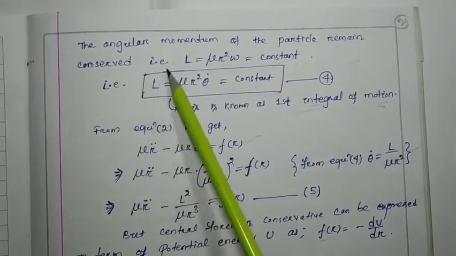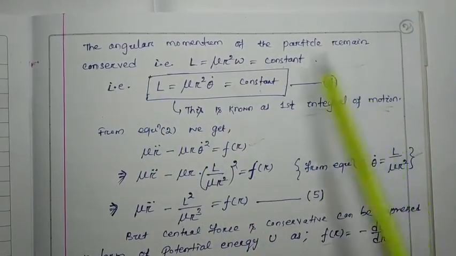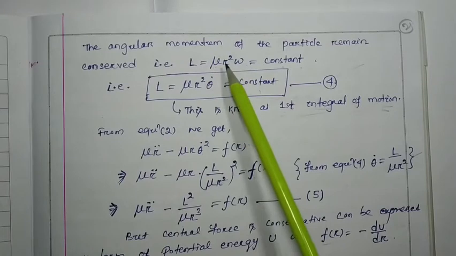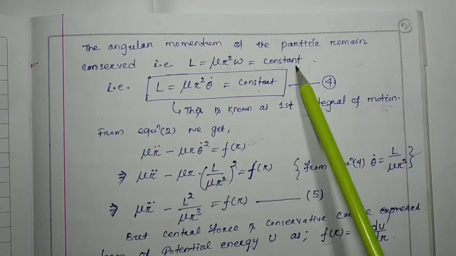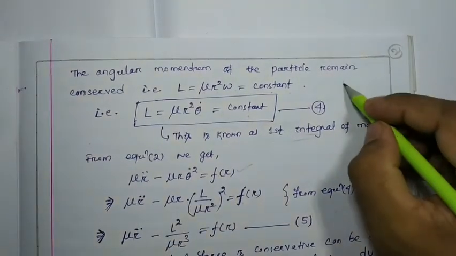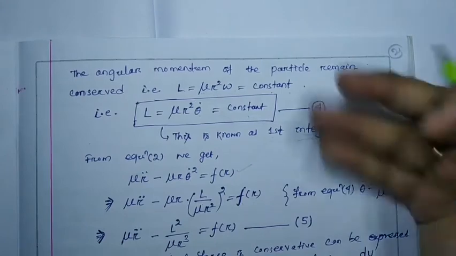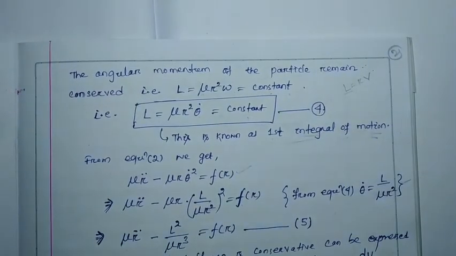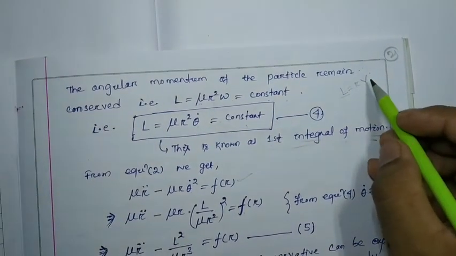The angular momentum of the particle remains conserved, we know, in central force motion. So L equal to mu r square omega is constant. L equals r into v, right? Sorry, r cross p.